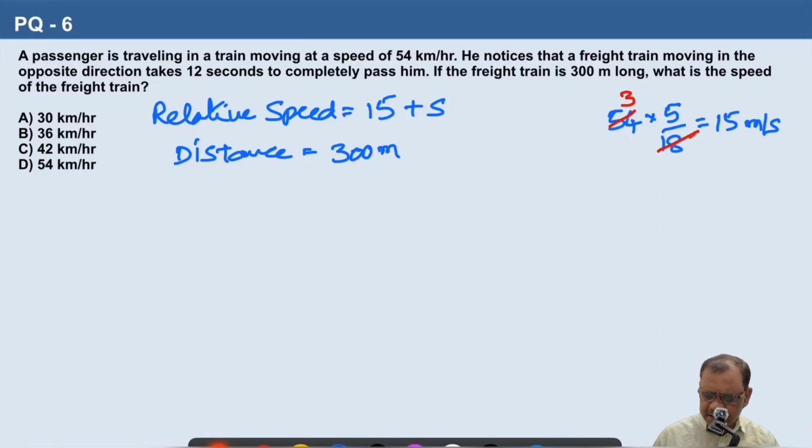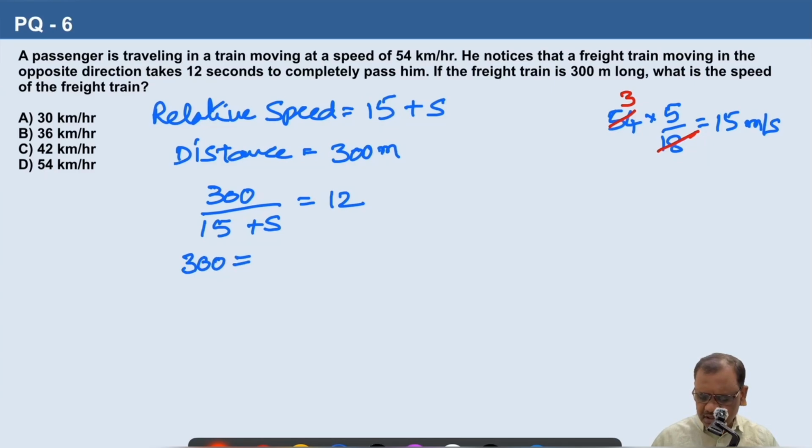Relative speed is 15 plus S, and the time taken is 12 seconds. So simplify this and find out the value of S. By cross multiplication, 300 equals 12 into 15, 180 plus 12S.